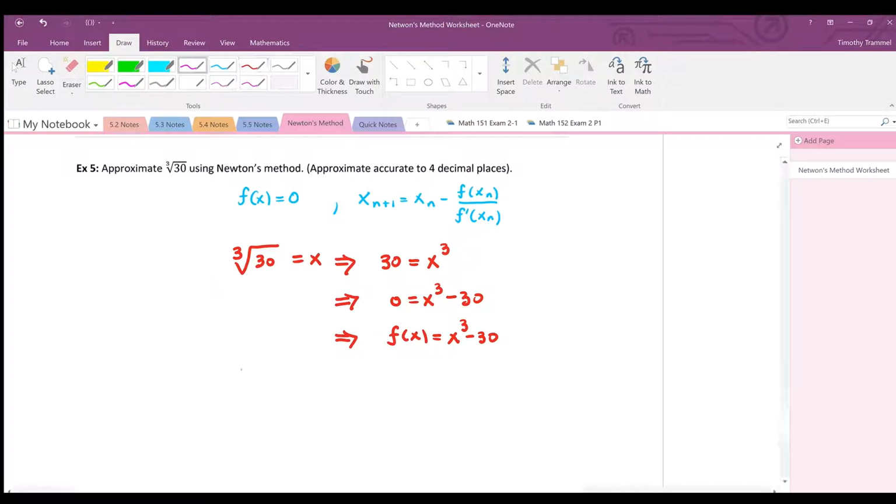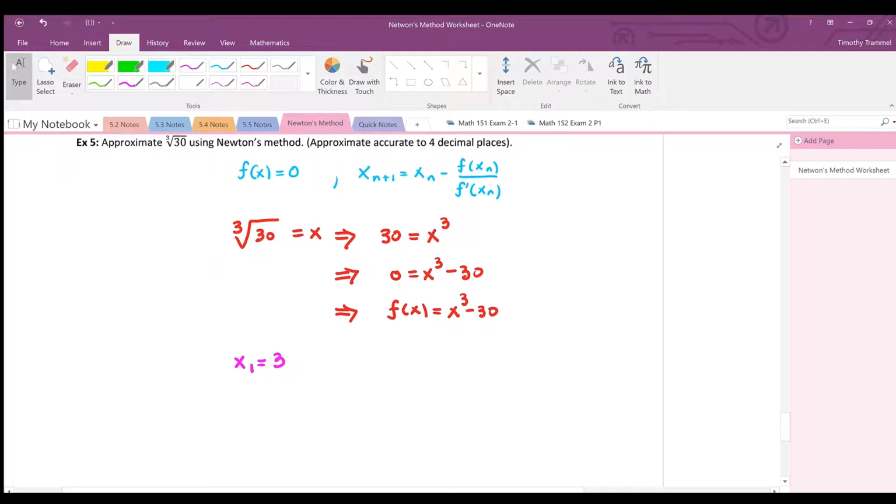Let's go ahead and write that. x1 equals 3, just because the cube root of 30 is already pretty close to 3. Now let's find x2. So x2 should be 3 minus f of 3 all over f prime of 3. So it might be helpful to find the derivative as well.